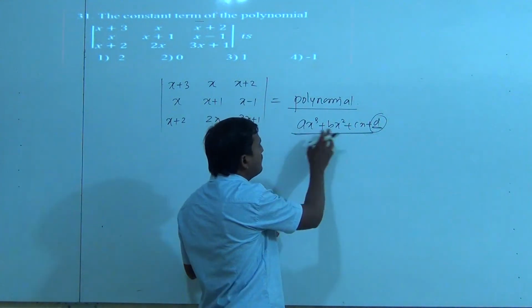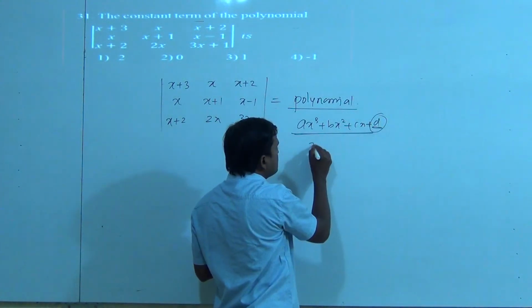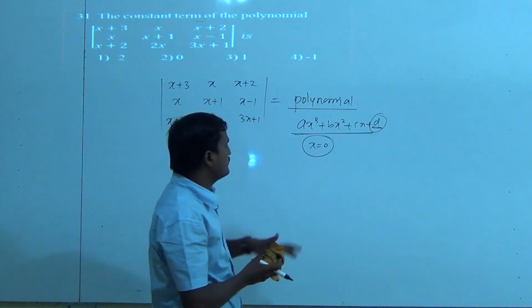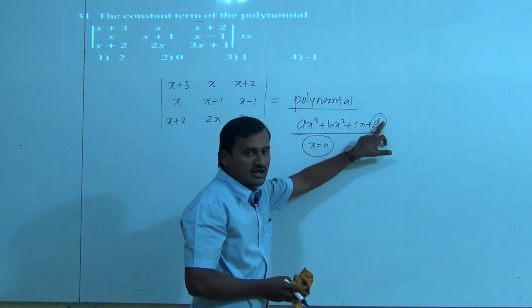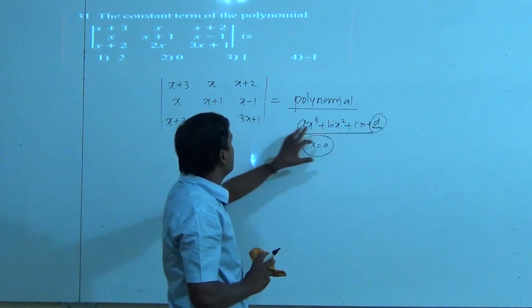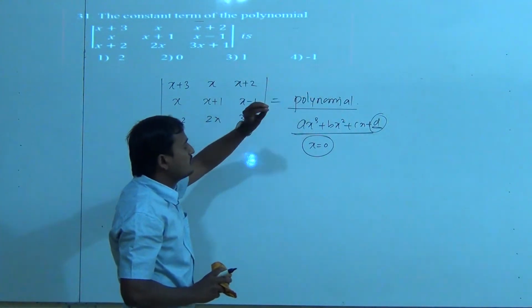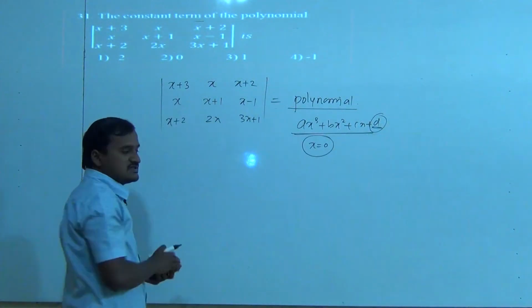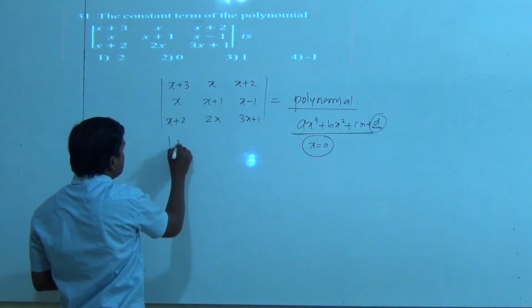Suppose you want to find the constant term d, just replace the value of x by 0. If you put x equal to 0, you are getting the constant term, right? So after expanding this, again you are getting the polynomial. So this becomes 0 plus 3 means 3.